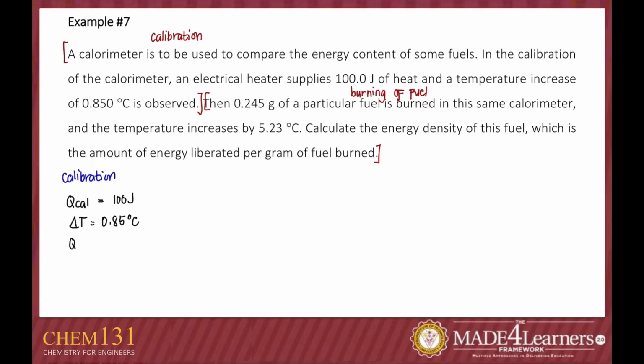Now remember, Q cal equals C delta T. So C is equal to Q cal over delta T. So that's 100 joules over 0.85 degrees Celsius. That would give us an answer of, if it's in fraction, 20 over 17 joules per degree Celsius.